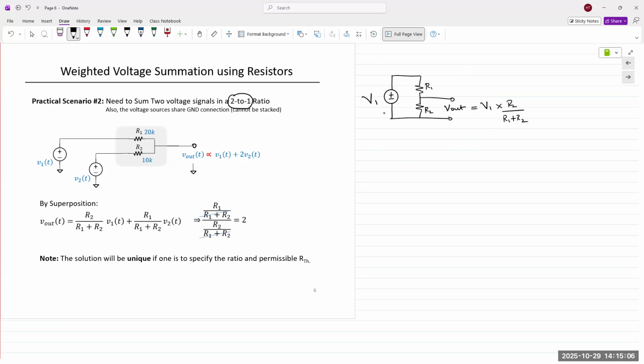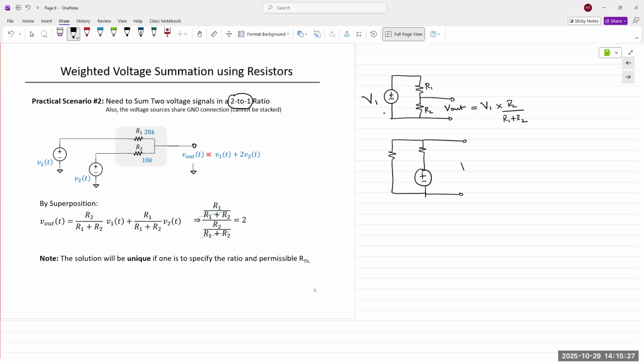And then when V1 is off and V2 is on, I have a circuit that looks like this. And now my V out is here.